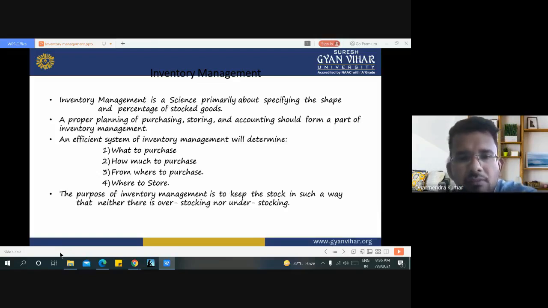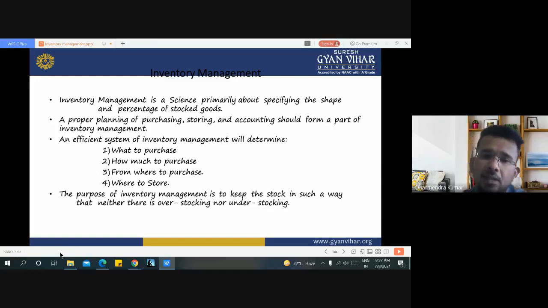The purpose of inventory management is to keep the stock in such a way that there is neither overstocking nor understocking. Because if we purchase more and more raw material, then there is overstocking, and it costs money to store them, money to buy them, and money in the transportation cost of that particular raw material.